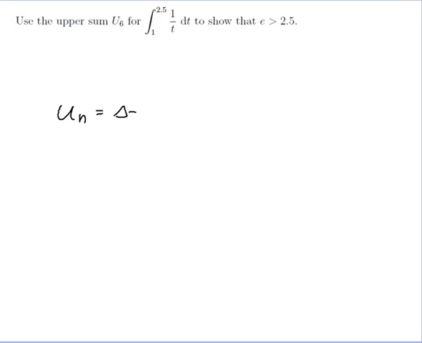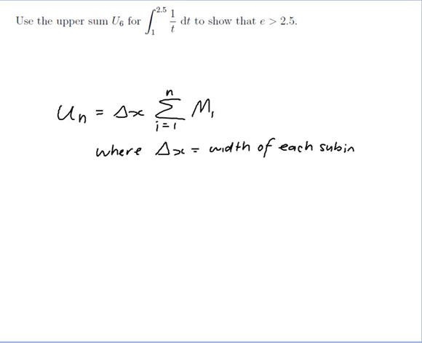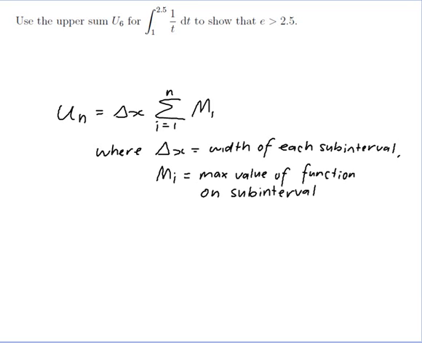un is equal to delta x times the sum from i equals 1 to n of capital Mi, where delta x is the width of each subinterval and capital Mi is the maximum value of my function on subinterval number i.